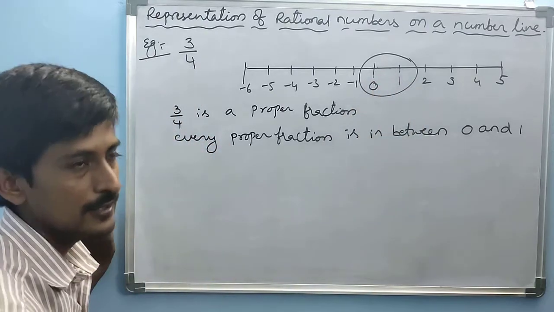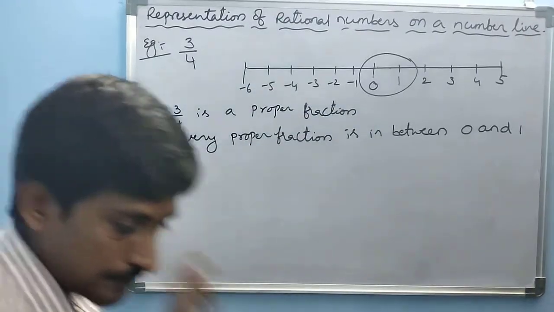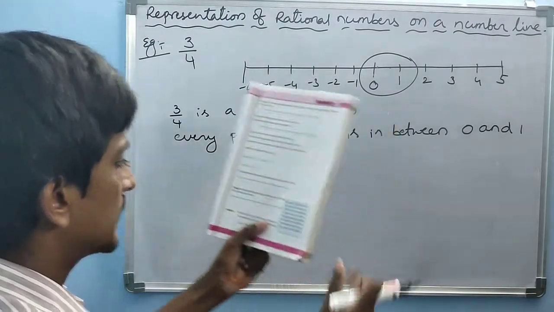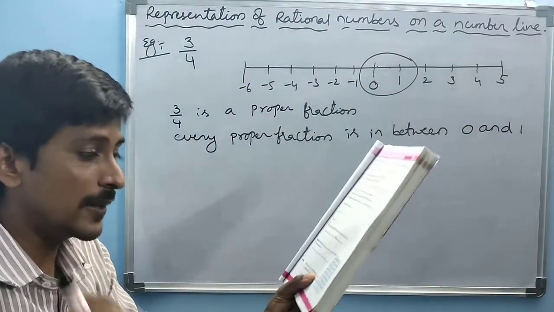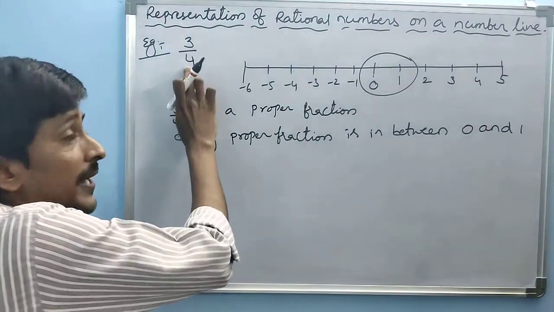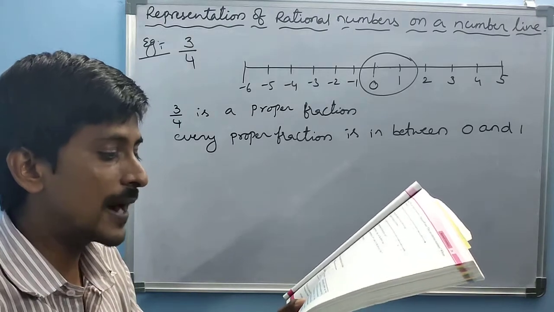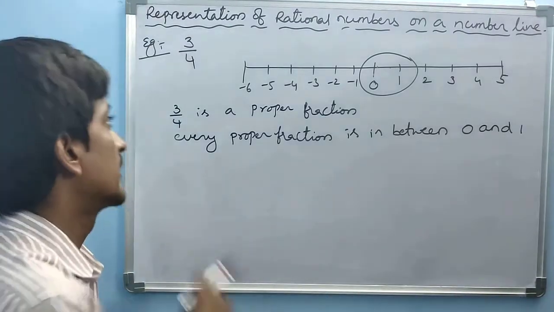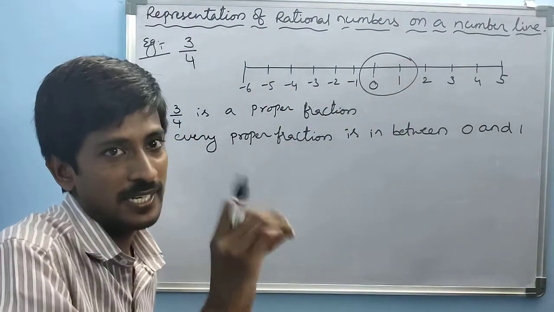So, next step is, already I gave the introduction. Notice that for a rational number, the denominator tells the number of equal parts in which each unit has been divided. First of all, which numbers is it in between?